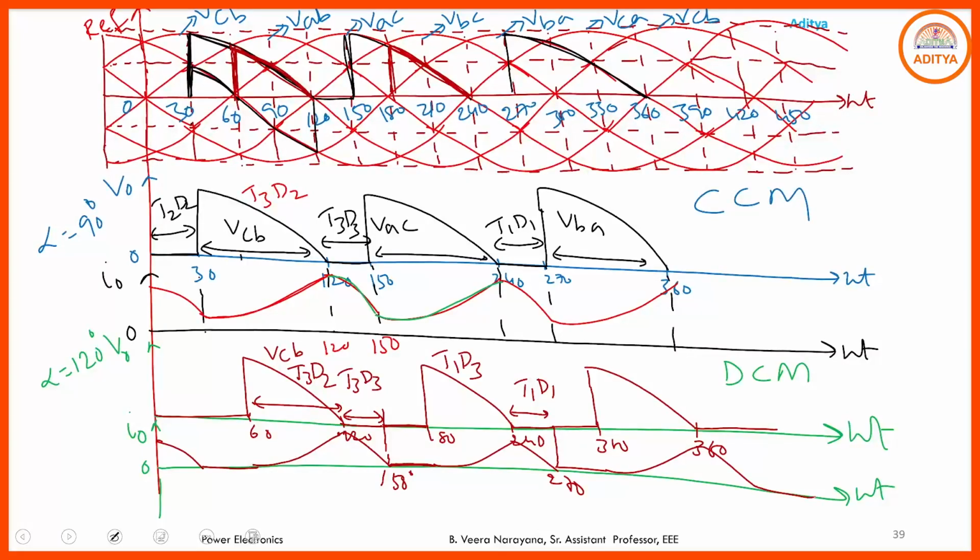Output voltage will vary. Where the current is 0, where all the devices are in the off state, then back EMF is coming into the picture.